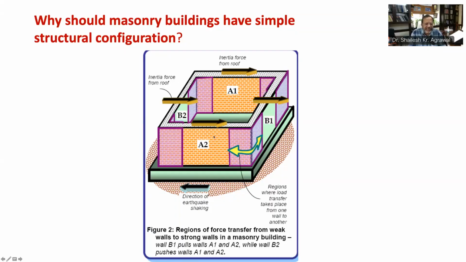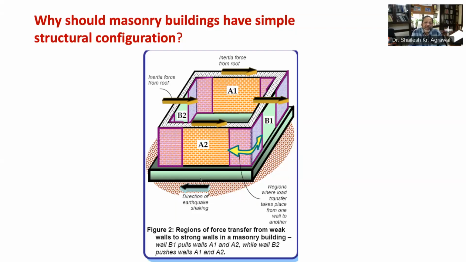At the next instance, the direction of shaking could change to the horizontal direction perpendicular to that shown in this figure. That means walls A and B will interchange their roles, meaning B1 and B2 will become strong ones and A1 and A2 will become weak ones. Thus, walls transfer loads to each other at their junctions, besides the lintel band and roof.